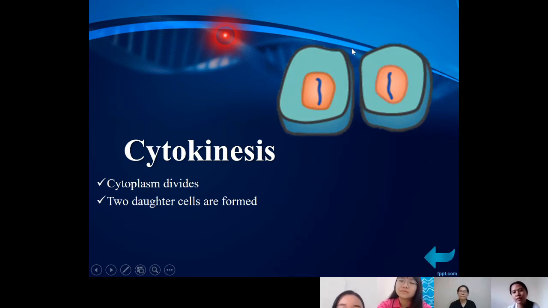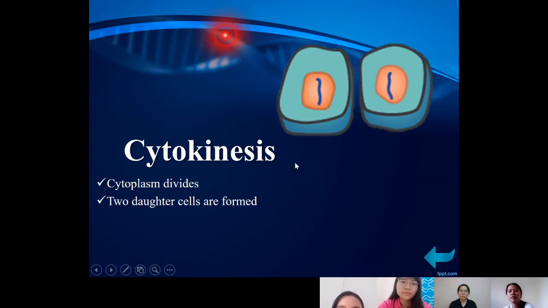In this process, the cytoplasm divides. When the cytoplasm divides, we have two new daughter cells, two new and identical. They look similar. If this cell is our skin cell, the other cell will be a skin cell also. They must be identical, the same. Why?